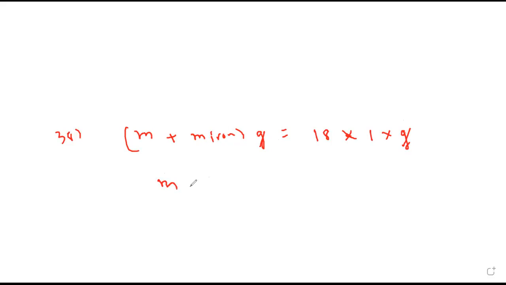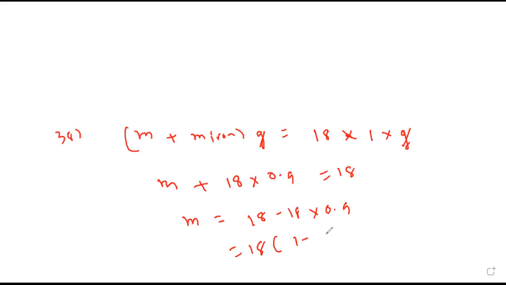We want the mass of iron. Mass of wax is volume of wax into density, 0.9, equals 18. Therefore, mass of iron is 18 minus 18 into 0.9, which is 18 into 1 minus 0.9, 18 into 0.1, equals 1.8. Therefore, option.